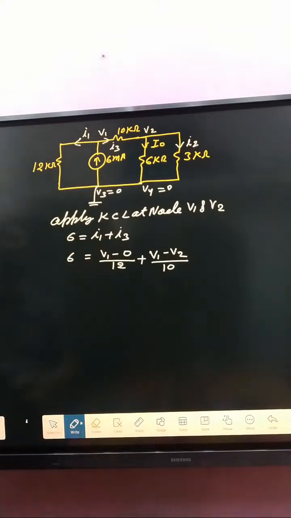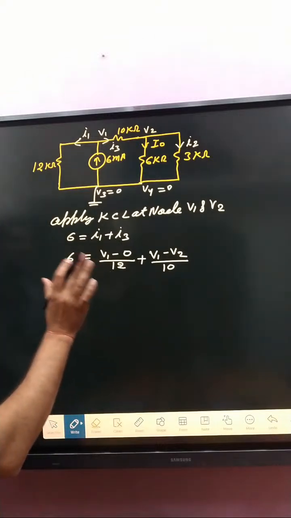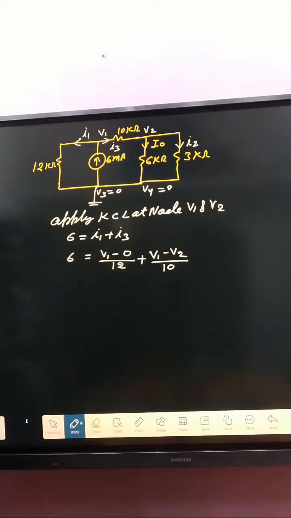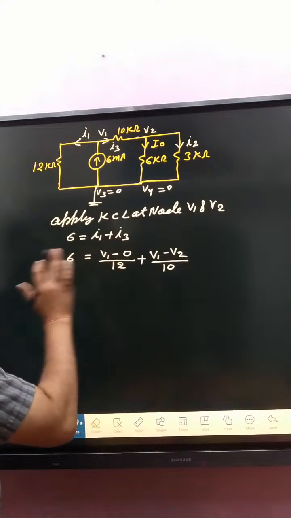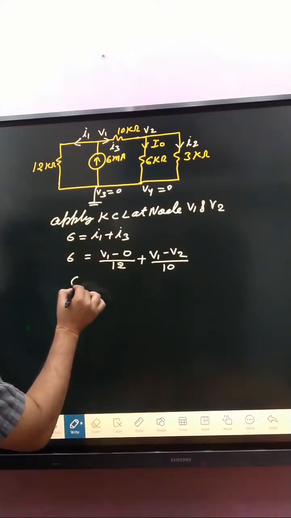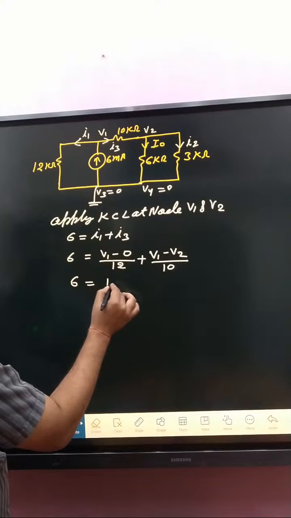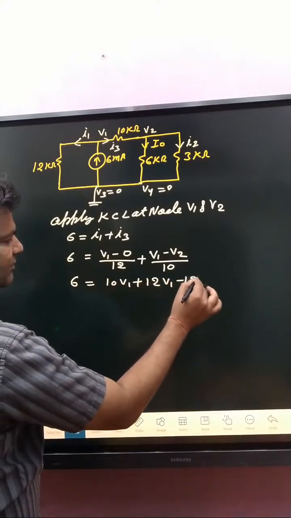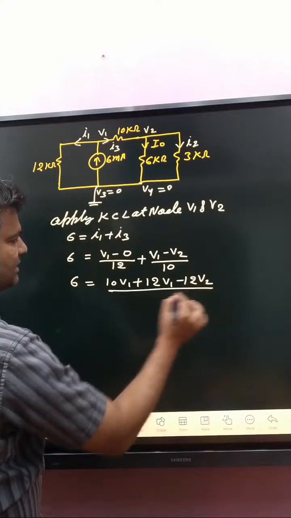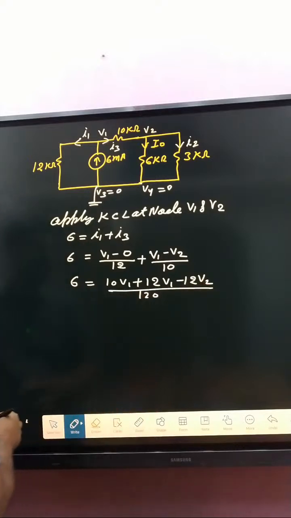Clear or not? If anyone faced doubt, then tell me, I will explain again. Now first of all, take the LCM. 6 equals 10 V1 plus 12 V1 minus 12 V2 divided by 120.